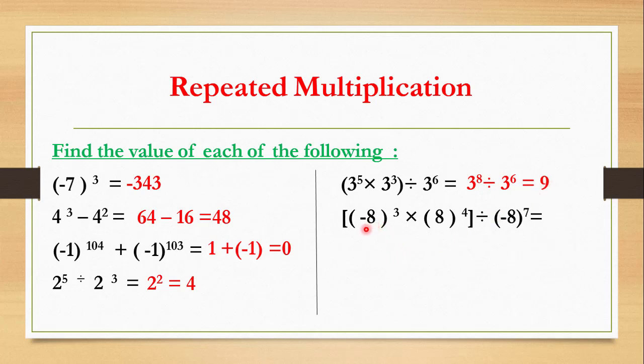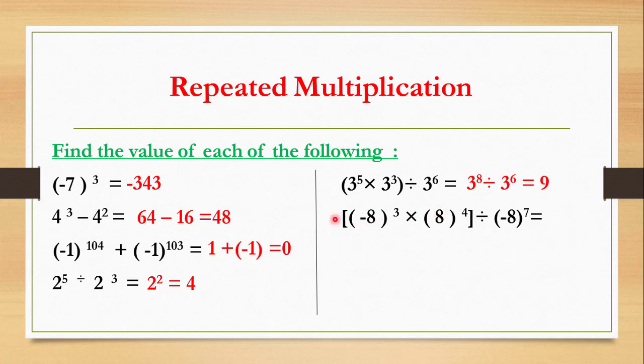The last one here, negative 8 to the power 3 times 8 to the power 4, then divide by negative 8 to the power 7. At first here we have approximately the same base, but here it is negative and here positive. So put the negative sign outside and add the powers.